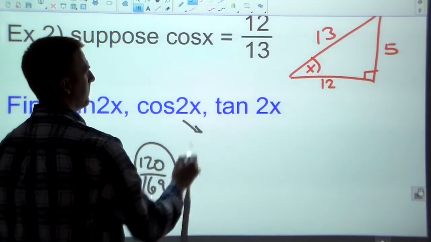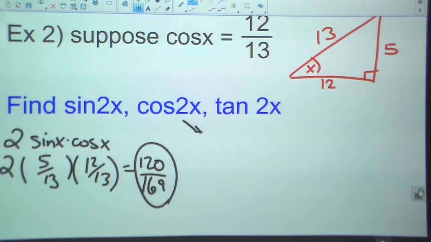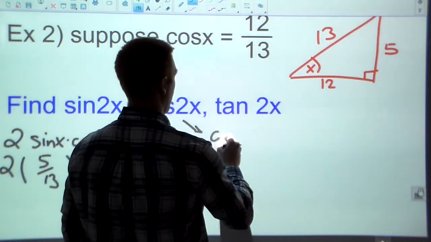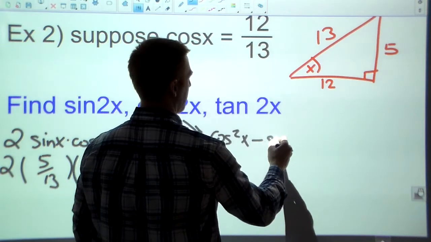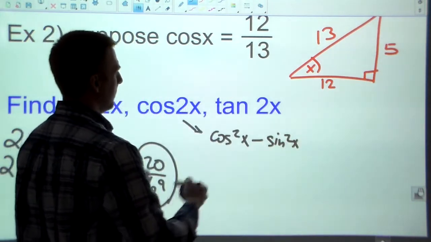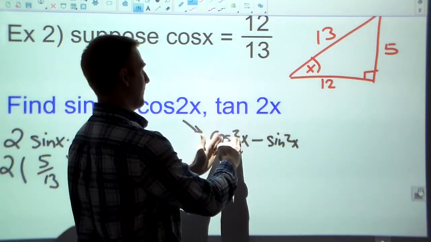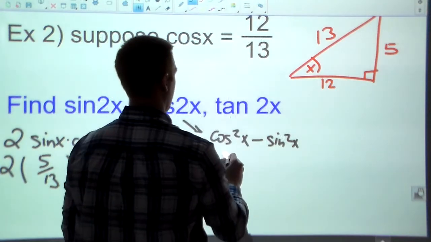For cosine of 2x, you can pick whichever one of these 3 versions you like for this one. I'm going to stick with cosine squared x minus sine squared x. First of all, I know that cosine squared x is the same thing as cosine x squared. So I'll take that value and square it.